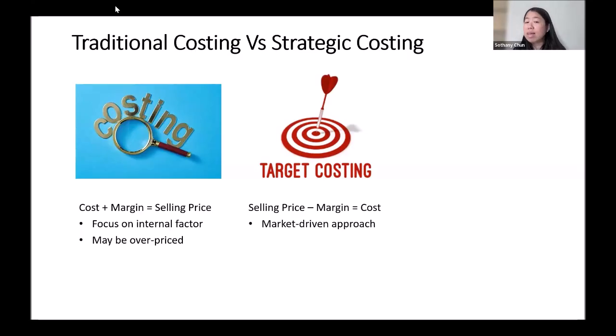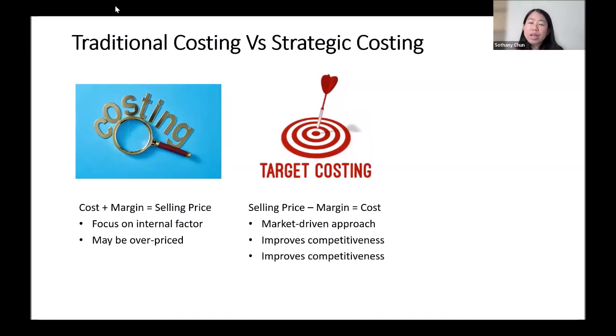For this model, it's actually a market-driven approach, because the selling price is based on the market. You get it from the market, from your competitor, from the industry standard. So it improves your competitiveness, because you use your selling price from the market itself, and then you calculate your cost.